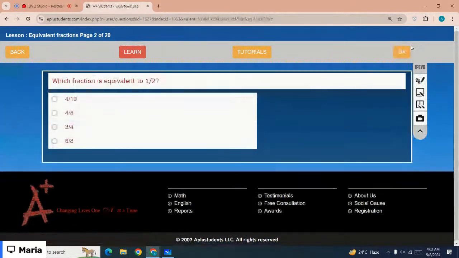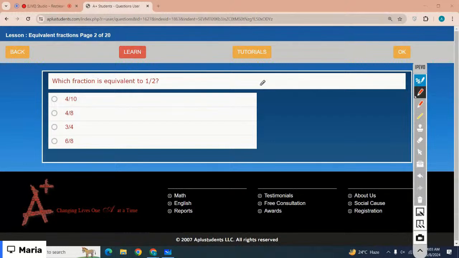What fraction is equivalent to 1 over 2? You have to find the equivalent fractions. Equivalent fraction means you have to multiply the numerator and denominator by the same number, right? 1 over 2, you have 4 over 10. 4 times 1 is 4, but 4 times 2 is 8, not 10.